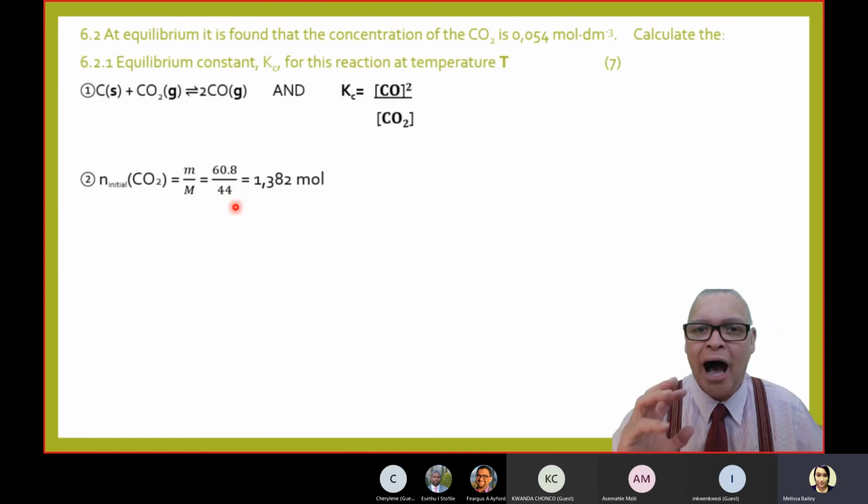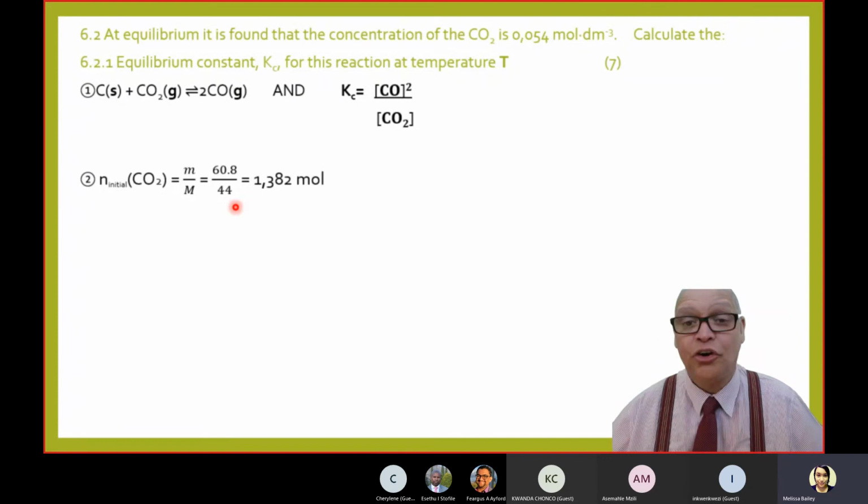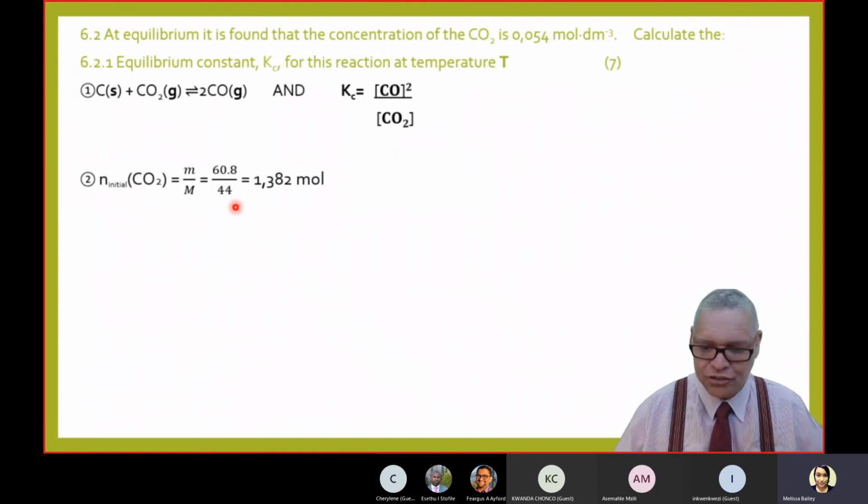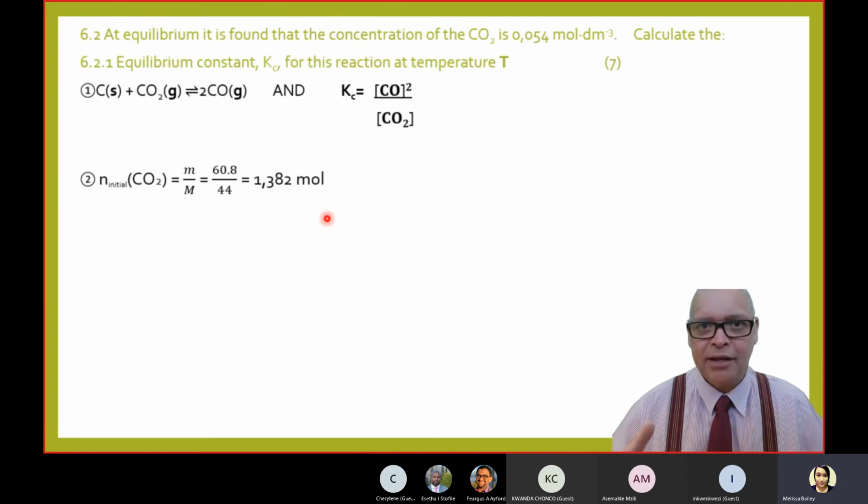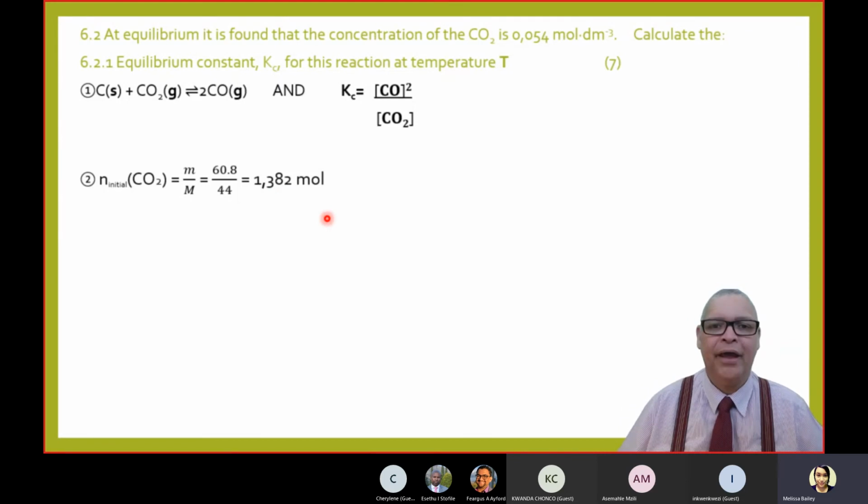Do you notice, grade 12s, how you need to use your periodic table, how you need to use your calculator in conjunction with your question here? Well, when you divide these two, if you take 60,8 divided by 44 on your calculator, you'll get 1,382. And may I stress, please do not round up and do not round down.